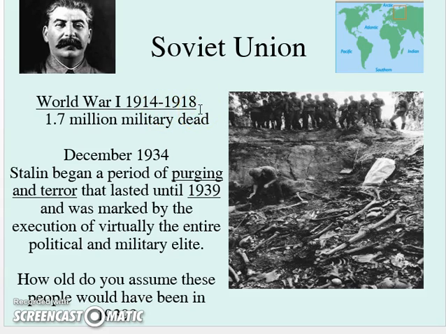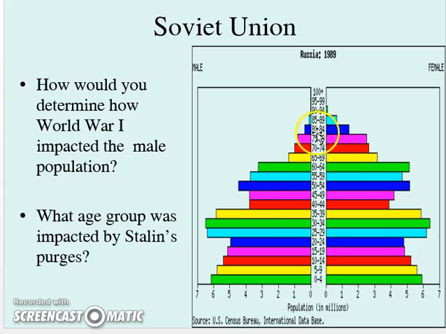So if we looked at a population pyramid from 70 years later, we'll notice that there's a huge decline in the people that are in their 70s and 80s compared to women. There's less men, and that is because a lot of the men died 70 years earlier in World War I. So you can see how historical events also shape populations and how they affect populations in the future.